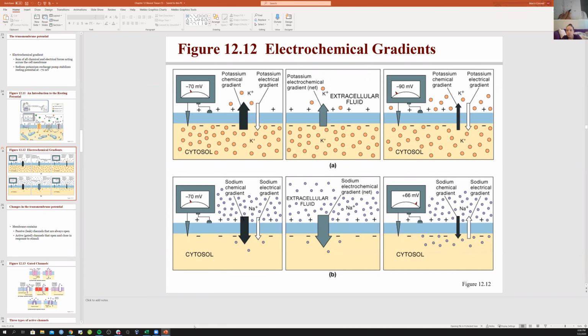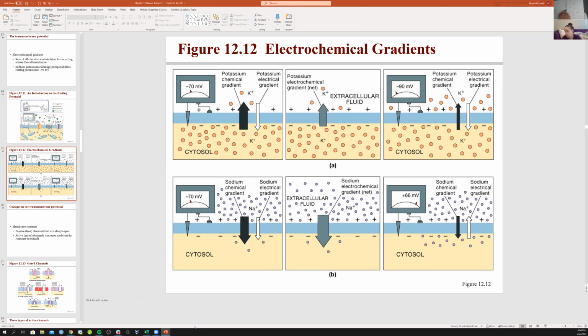Or you can say the interior of the cell is -7, based on this. Now, that's the electrochemical difference between the interior and the exterior.